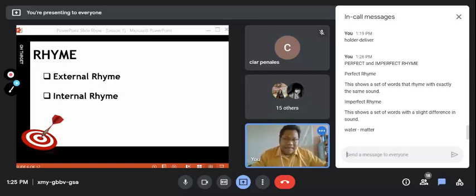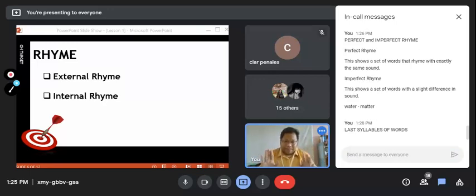Because if it does, then it's just water as well. Water obviously just rhymes with water because it's just the same word. So our focus for rhyme will be the last syllables of words. Please don't forget that. That shall be the focus of our rhyme concern.